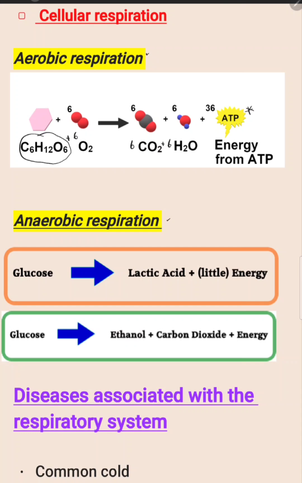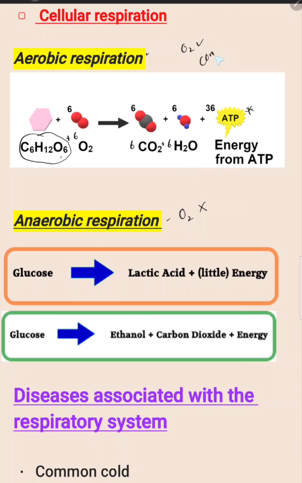There are simple differences between aerobic and anaerobic respiration. Aerobic is done when oxygen is present, while anaerobic is done when oxygen is absent. In aerobic respiration, the glucose molecule undergoes complete oxidation.